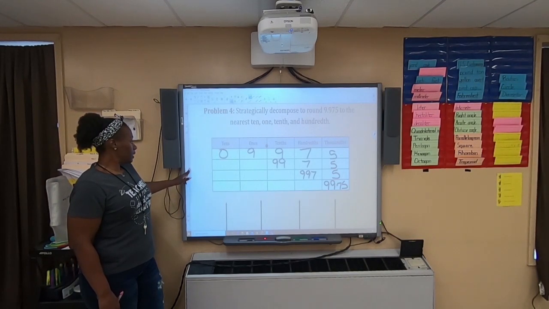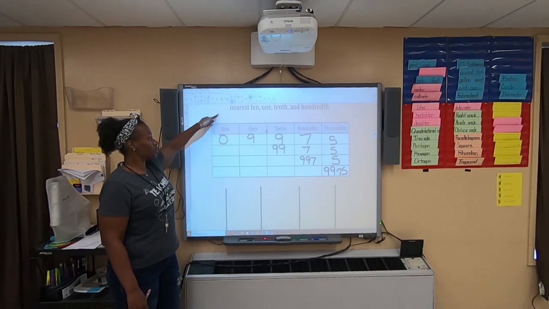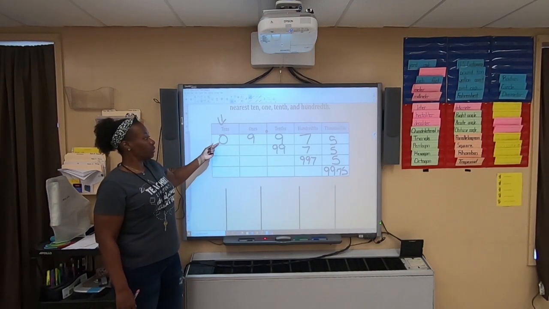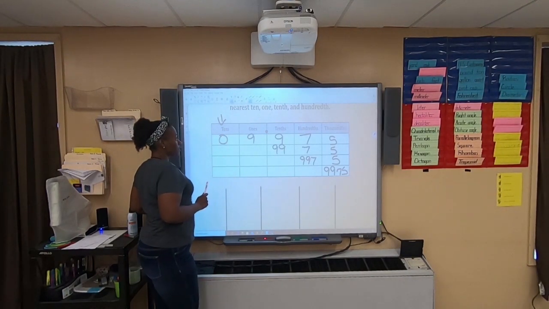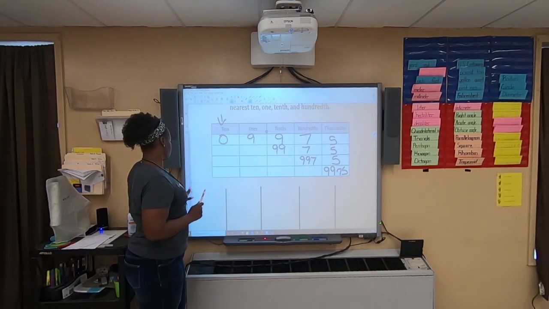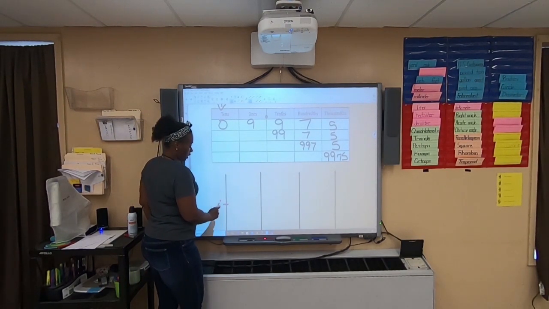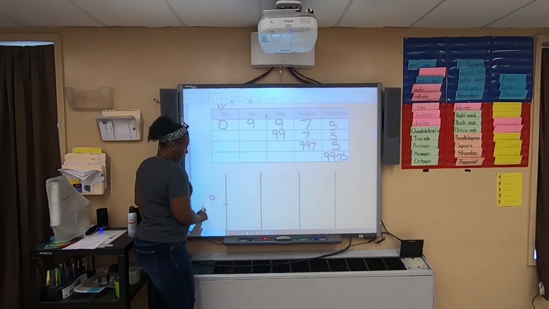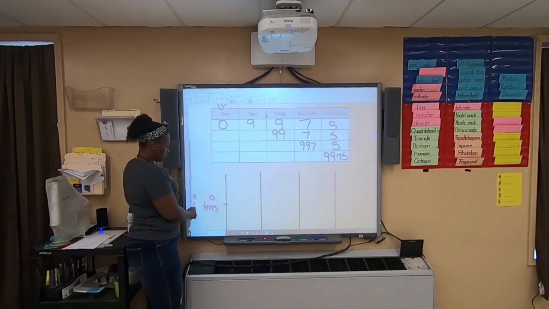Starting with the tens place. Because I'm rounding to the tens place, that means I want to use the decomposed sentence that starts with tens. Notice there are no tens. So in the middle, I'm going to write 0 tens. I'll put it on this side. 0 tens. And I need that extra unit of 9 ones.